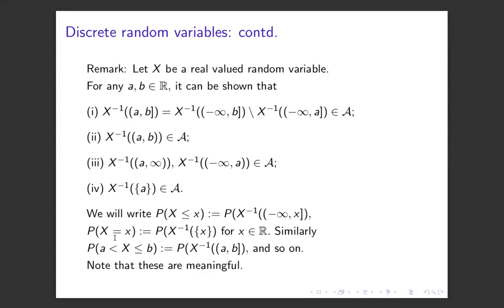And similarly, probability X, capital X, equal to small x would be the probability of X inverse of the singleton x. All these objects are meaningful because the corresponding X inverse is an element of that collection script A. And since P is a function defined on this as its domain, all these things make sense.